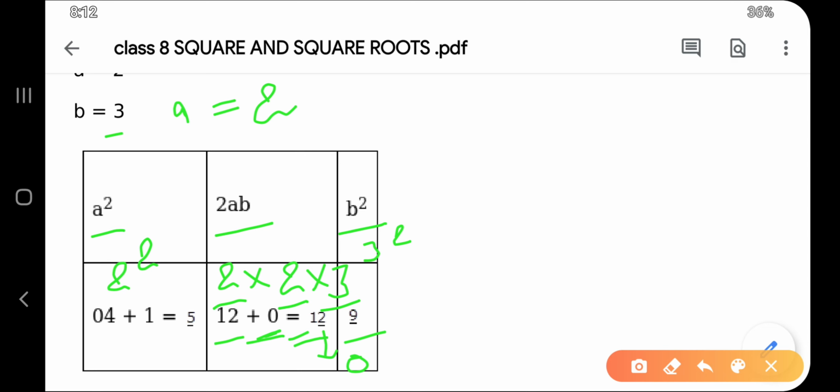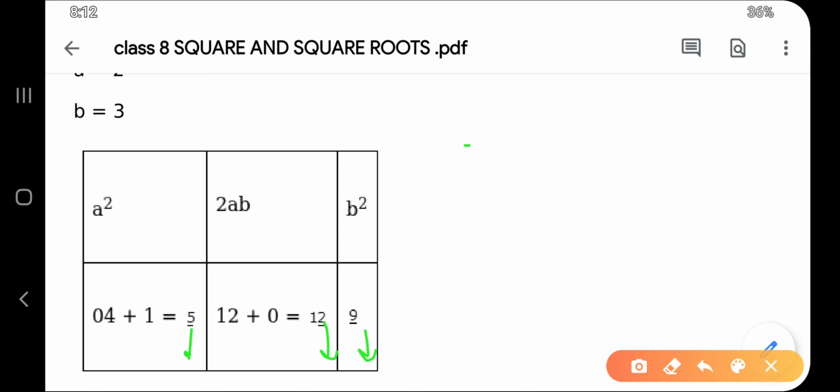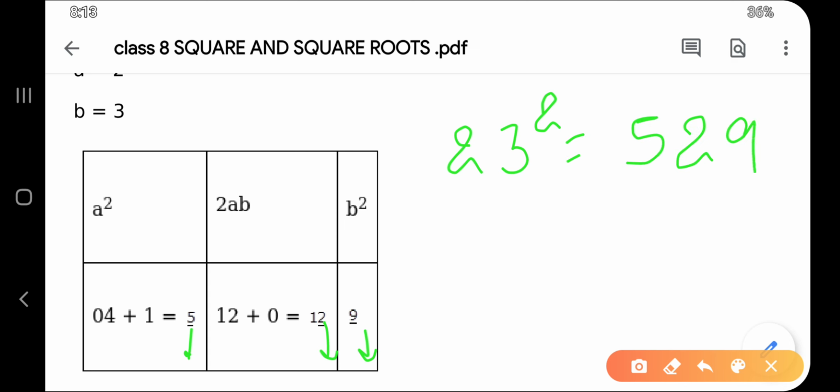A square is 2 square, which is 4, and the 1 which was not taken here is added to this column, and it is equal to 5. So the square is 5 of this column, 2 of this column, and 9 of this column. That is, 23 square equals 529. That's it.